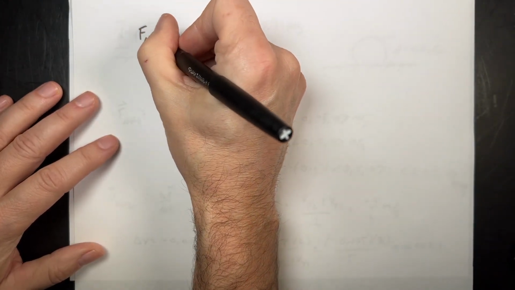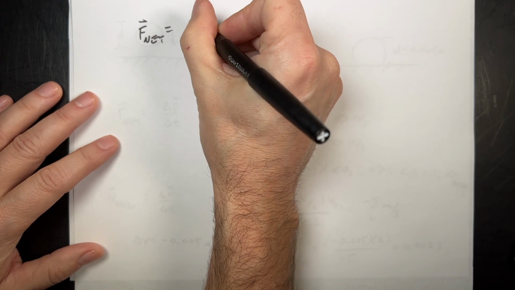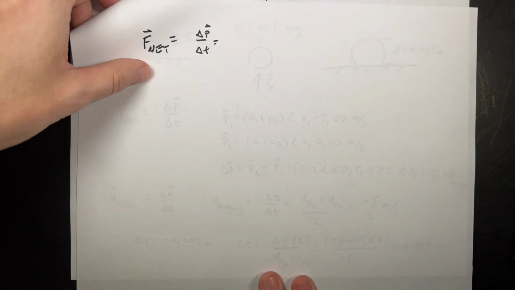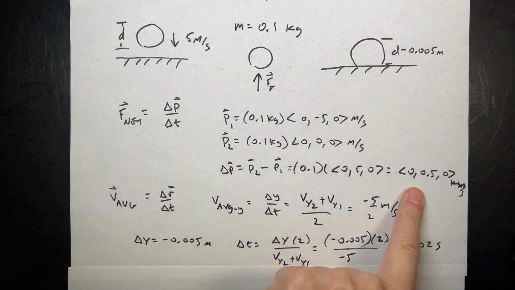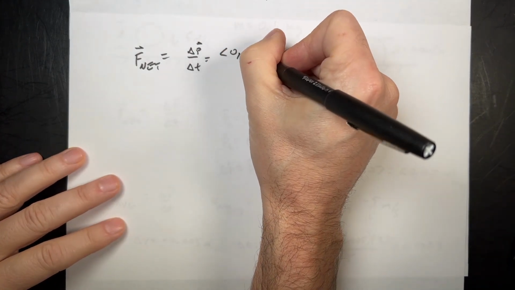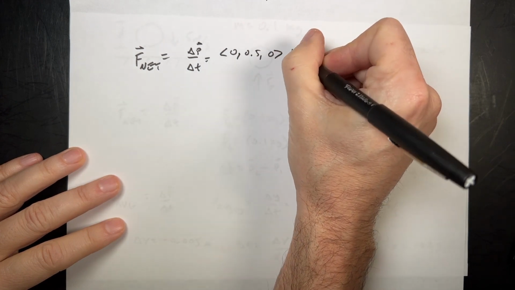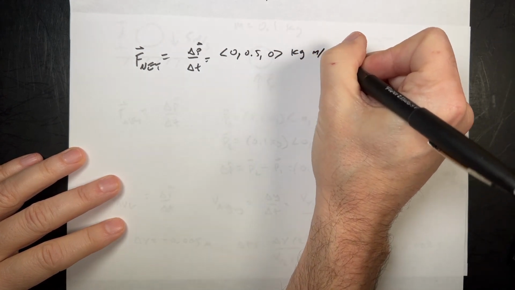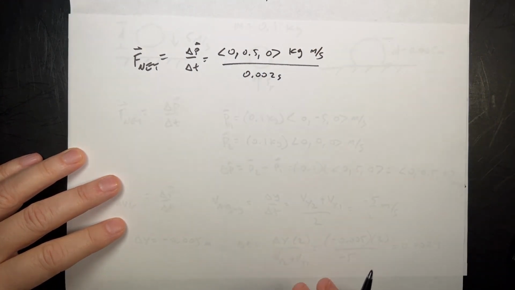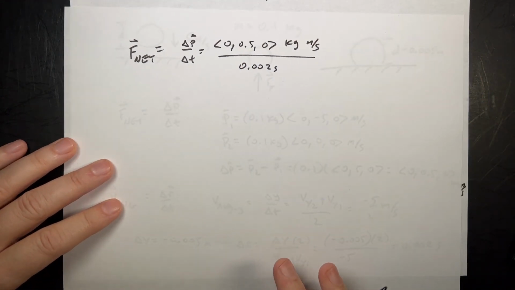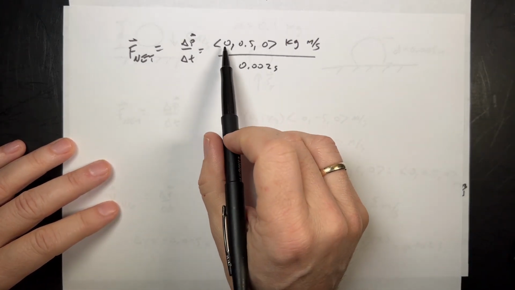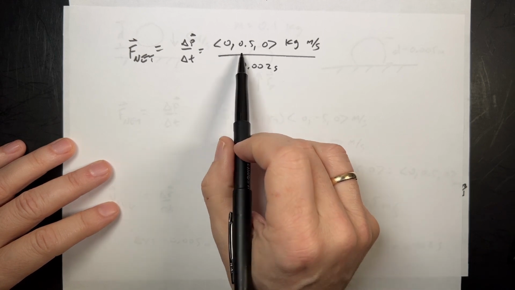I'm going to calculate the net force. It's going to be delta P over delta t. I already know the change in momentum, so it's the vector 0, 0.5, 0 kilogram meters per second divided by 0.002 seconds. This is a scalar times a vector, which is really division.